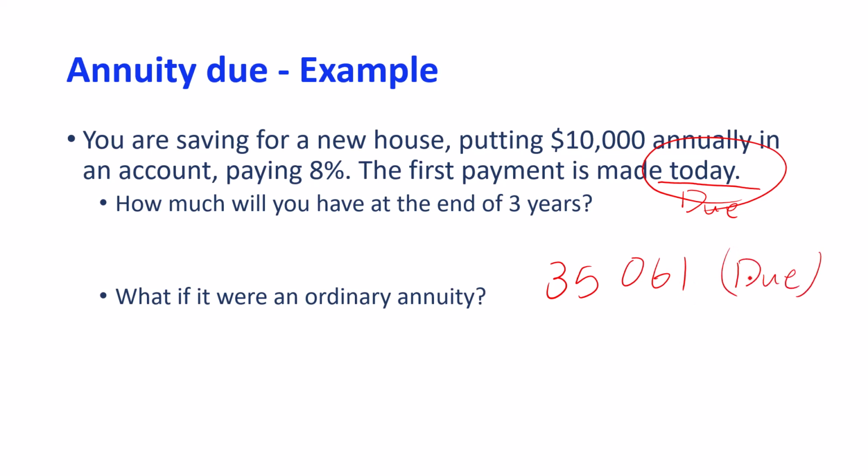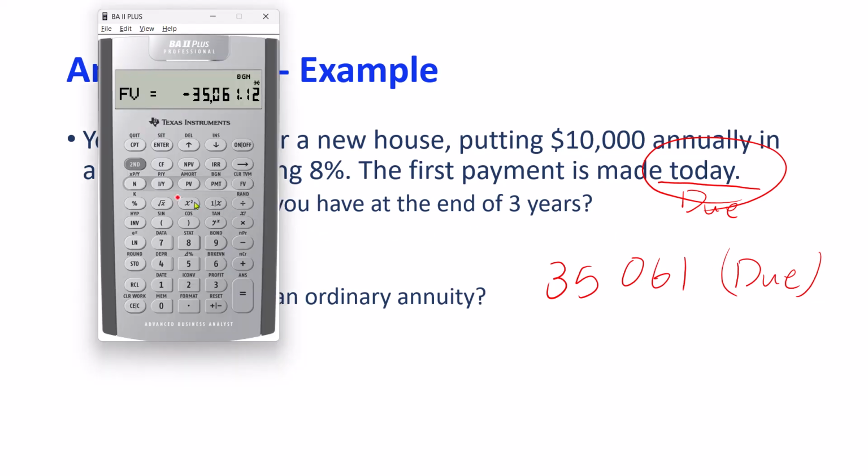So the question is asking, what if this was an ordinary annuity? I'm going to go ahead and change my calculator back to the end mode and then compute future value again.